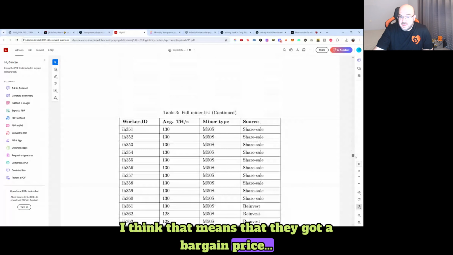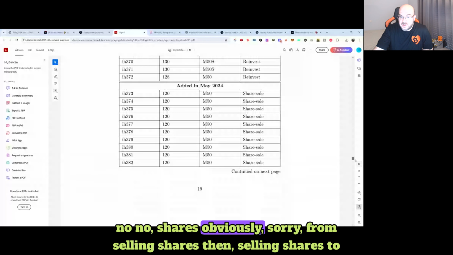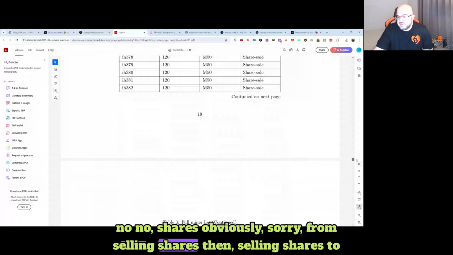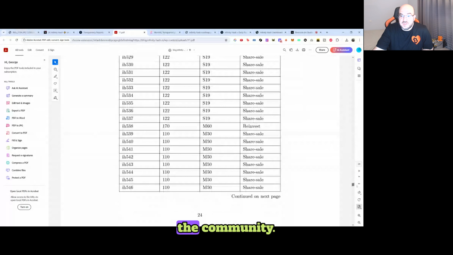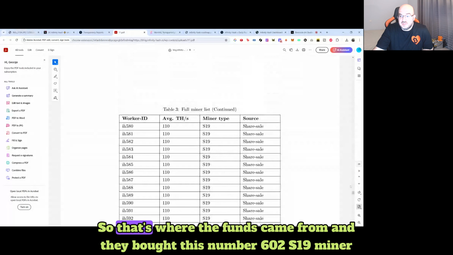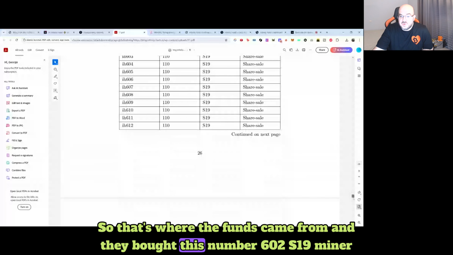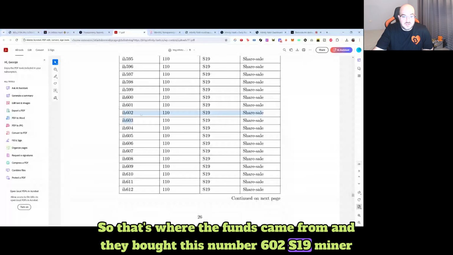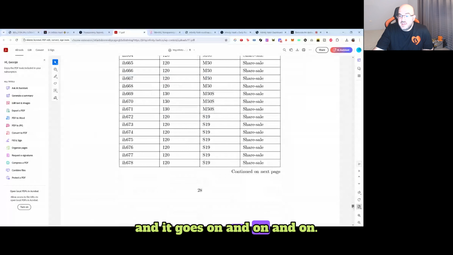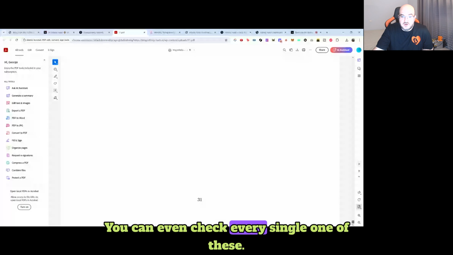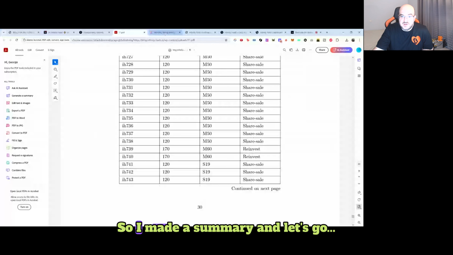I think that means that they got a bargain price. No, shares, obviously. Sorry, from selling shares then. Selling shares to the community. So that's where the funds came from, and they bought this number 602 S19 miner, and it goes on and on and on. You can even check every single one of these.